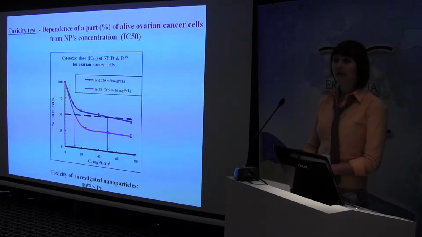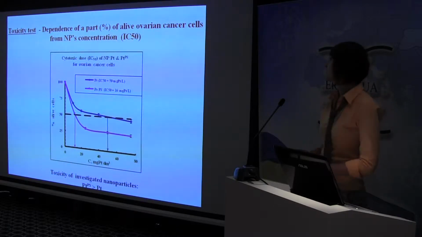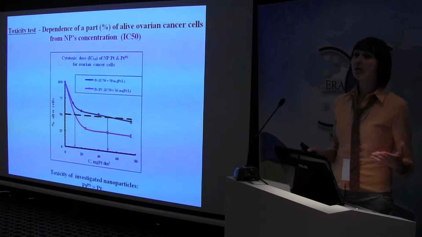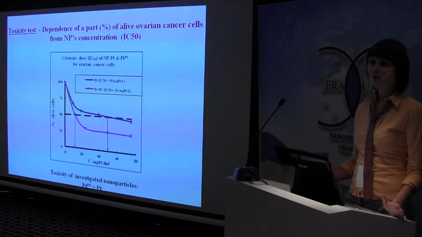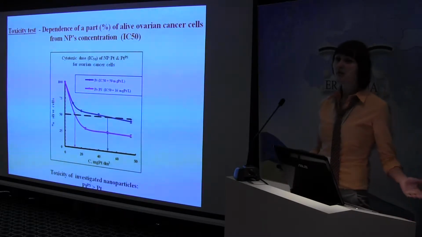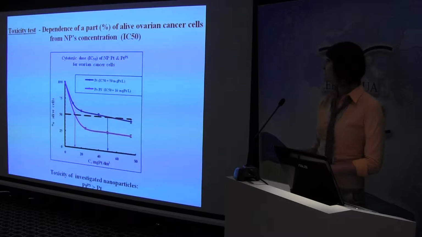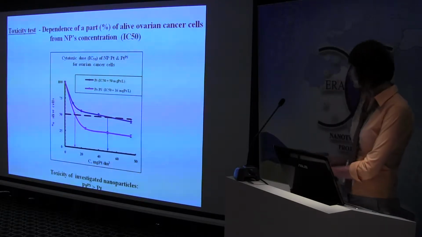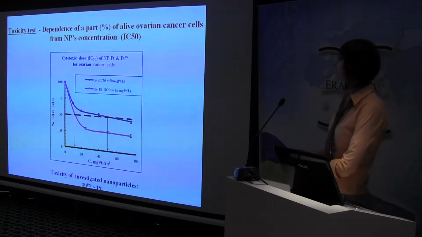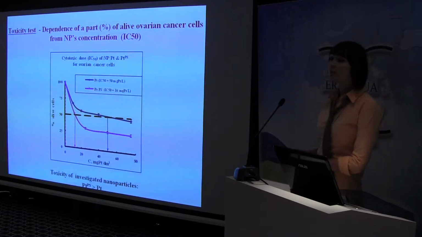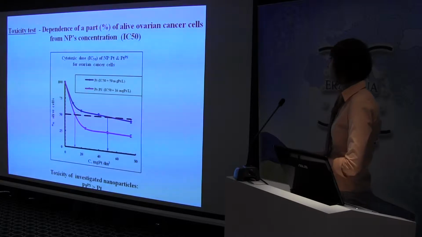To be sure of this fact, we especially investigated the toxicity of pure nanoparticles without an adsorption layer. In literature, they usually call it naked, and nanoplatinum with an adsorption layer of polysaccharides. In this graph, you see the part of alive cells after contact with different nanoparticles.